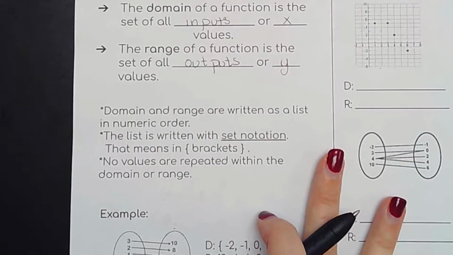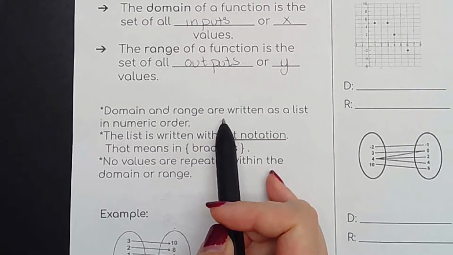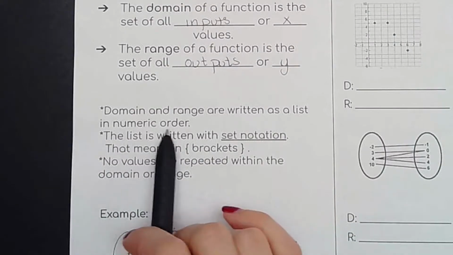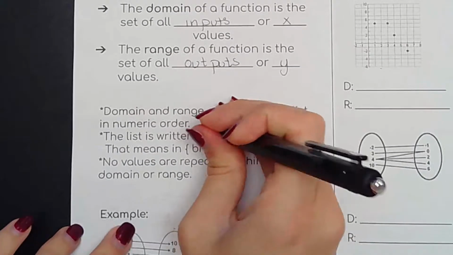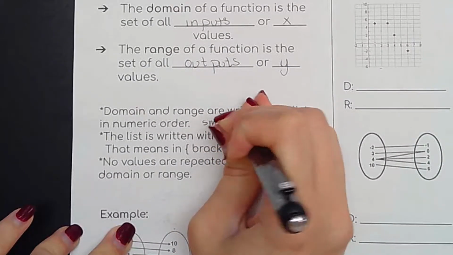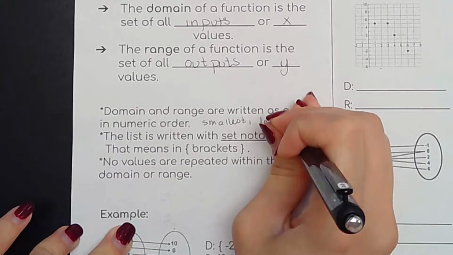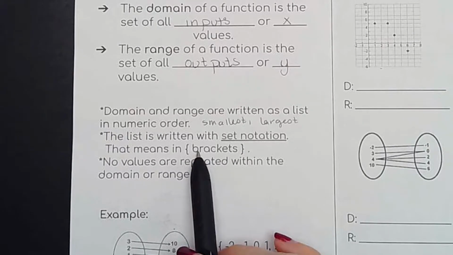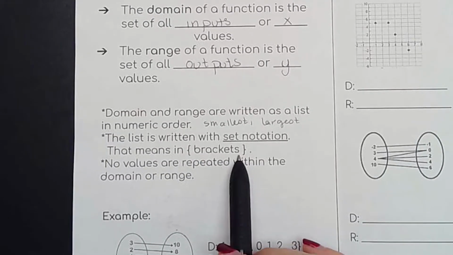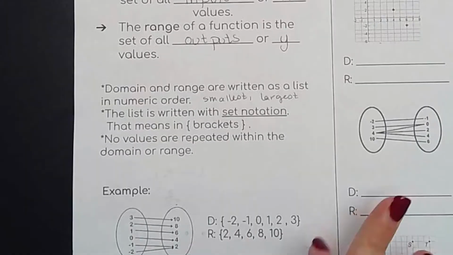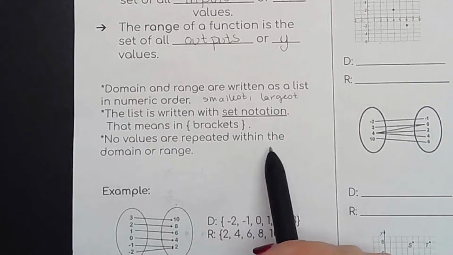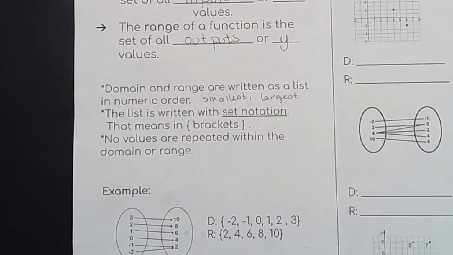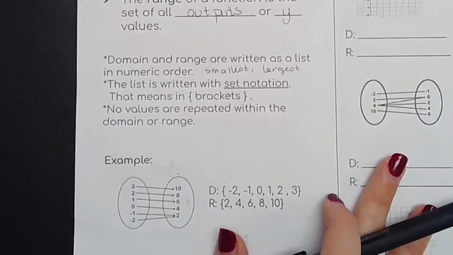When we write domain and range, we write it as a list in numeric order, so from smallest to largest. The list is written with set notation, which just means that when I write the list, I put squiggly brackets around it. And no values are repeated within the domain or range. So the same way in the mapping diagram, I didn't write 3 twice, I also don't repeat any numbers here.